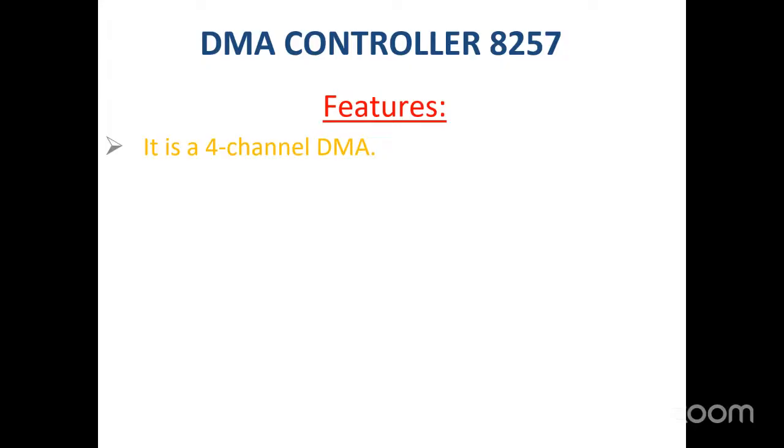Next, using these 4 channels you can connect 2 devices to this DMA. ఈ 2 device DMA connect చేస్తే, without involvement of the 8086 microprocessor, these 2 devices can exchange the information from one device to the other. అంటే ఏంటి ఇక్కడ? What is the advantage of this DMA? We are saving the processor time because the processor is not involved in exchanging the data between 2 external devices.